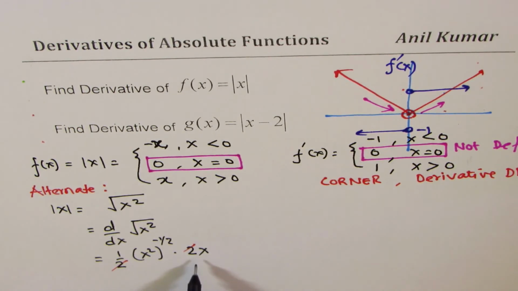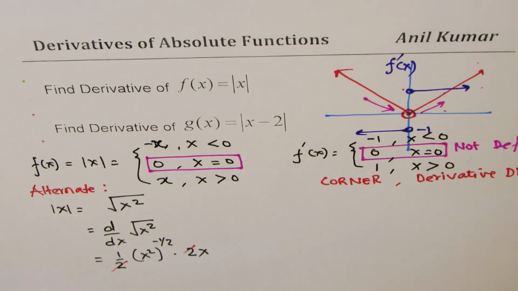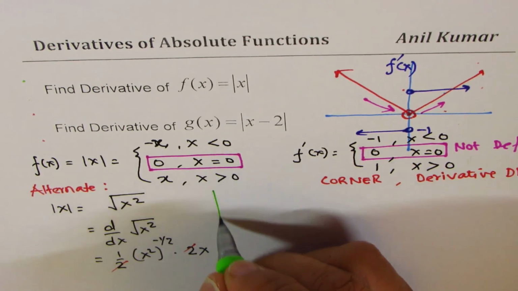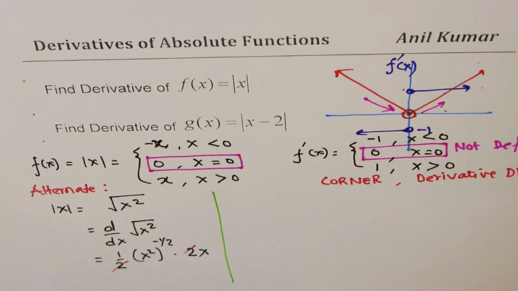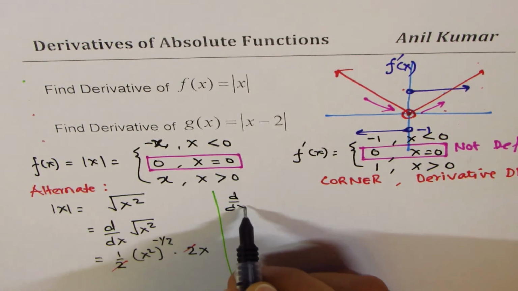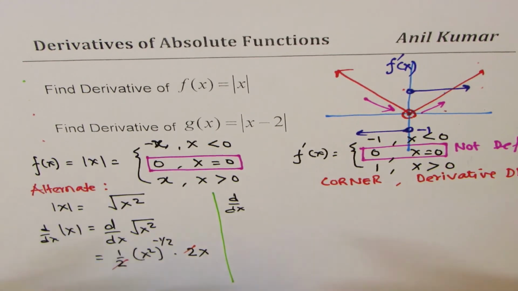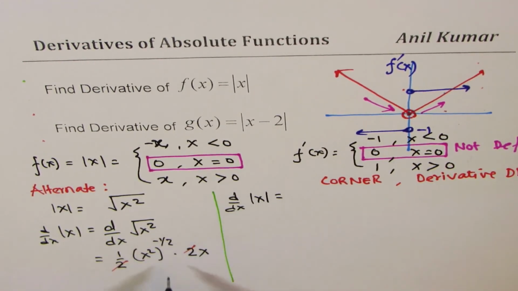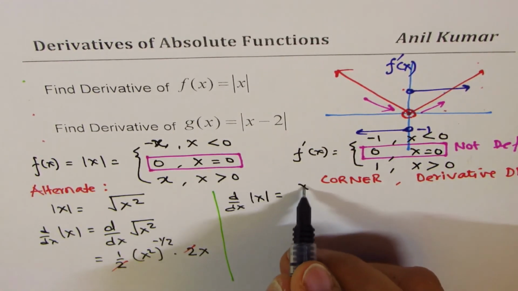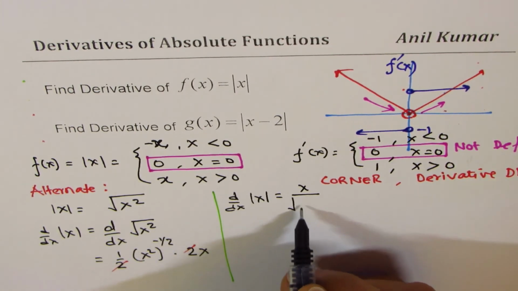And what do you get? Let me write it on this side. The derivative d/dx of absolute x is x over the square root of x squared.